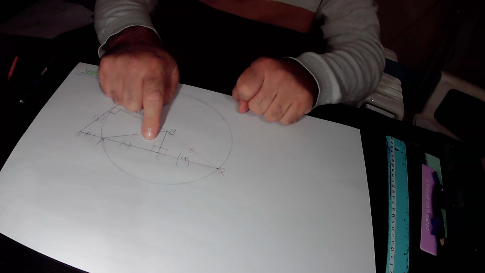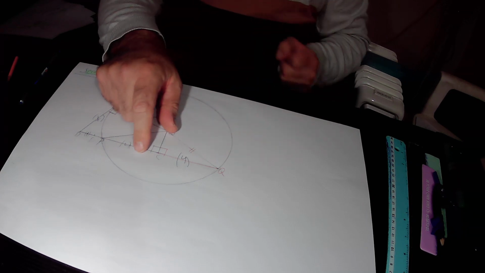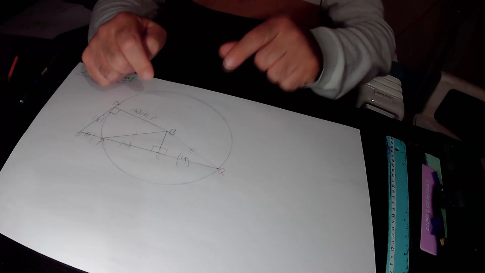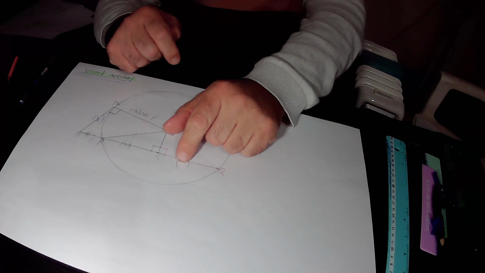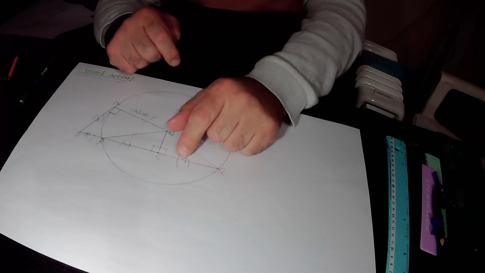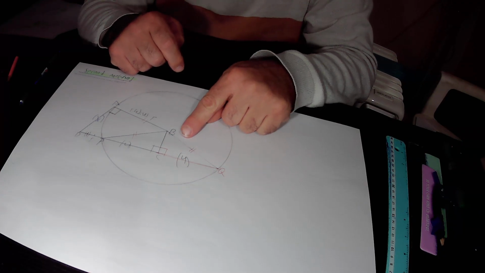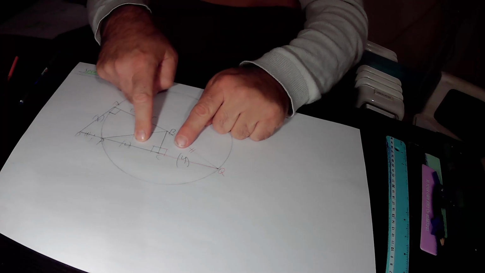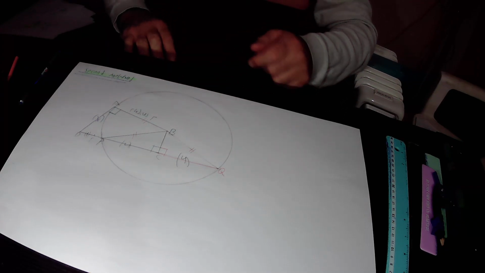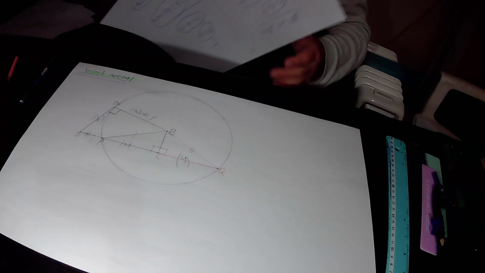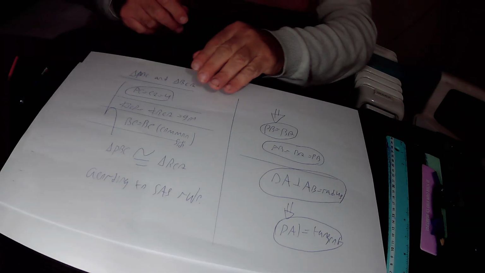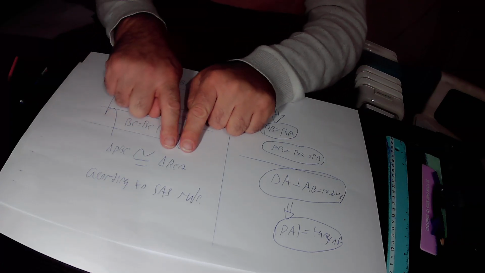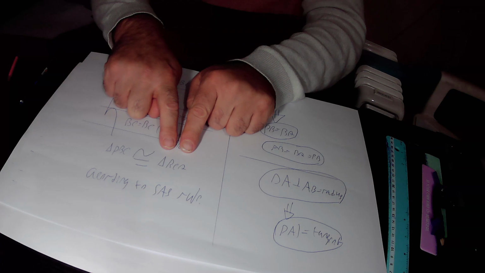That is to say, two sides and the angle included between those two sides in triangle PBC are correspondingly equal to two sides and the included angle in right triangle BCQ, and therefore those two triangles are congruent according to the side-angle-side rule.